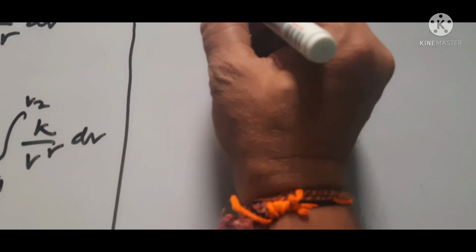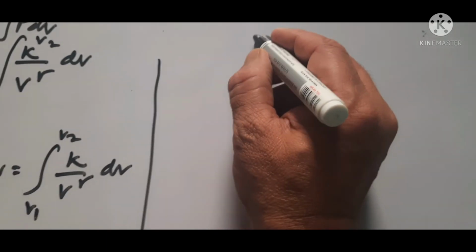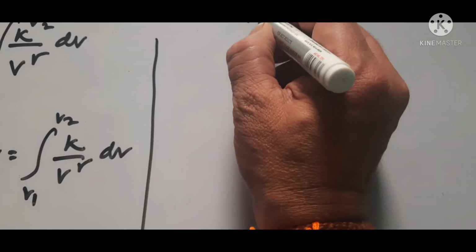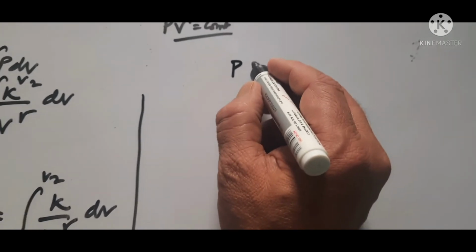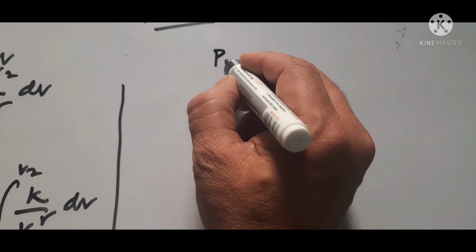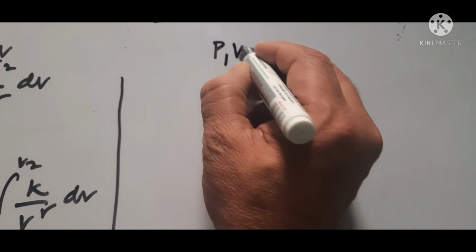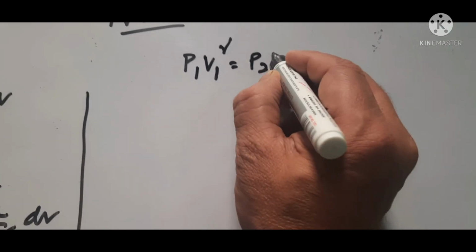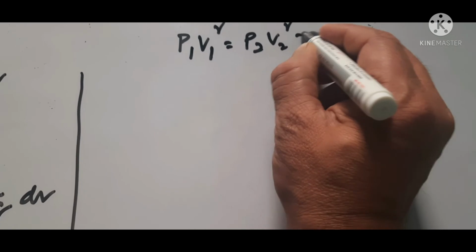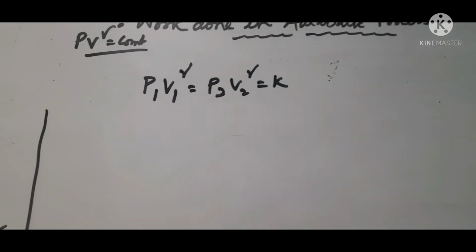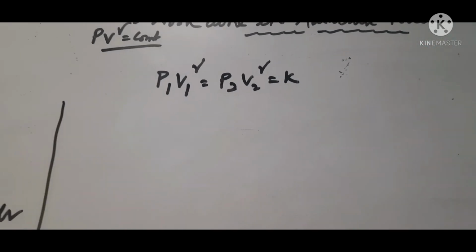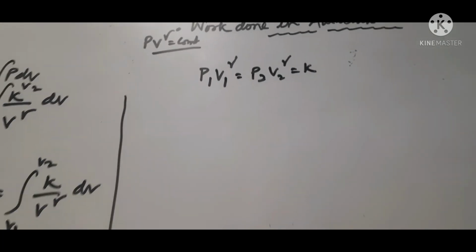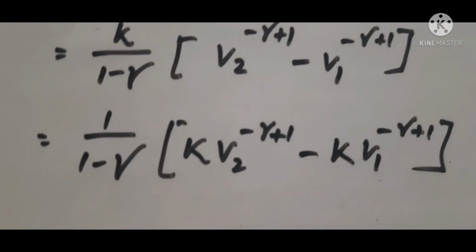Now we know that PV to the power gamma is still constant, that is the equation of the adiabatic process. So we can write P1 V1 to the power gamma is equal to P2 V2 to the power gamma is equal to constant K. We can write like this. Now put this particular value of K in the equation which we got.